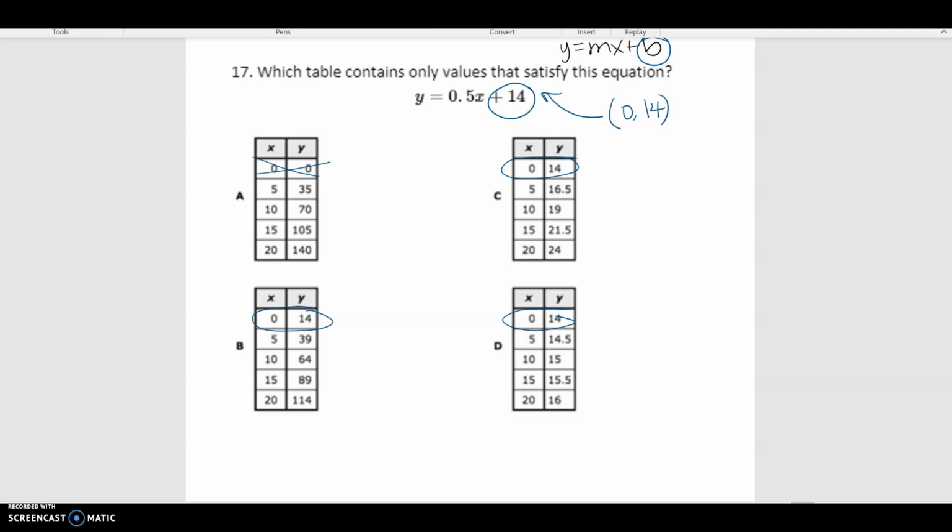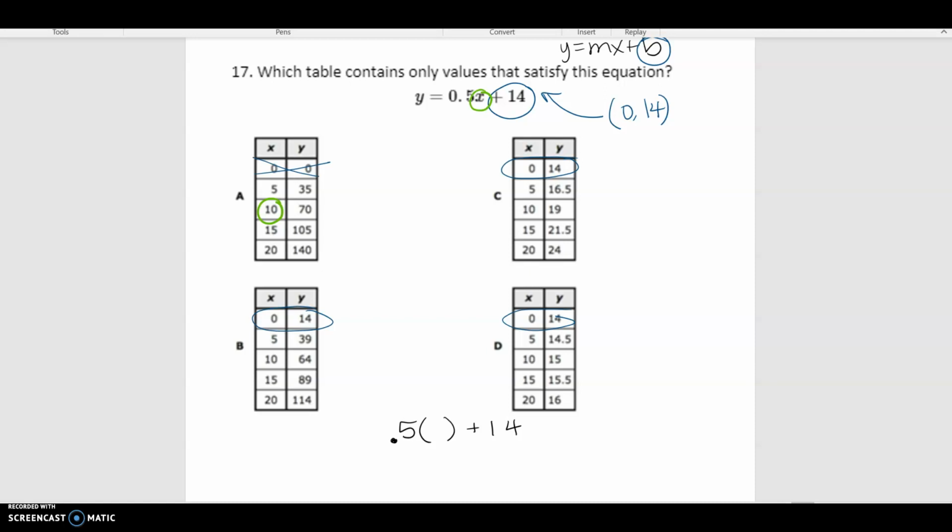Okay, so now what I'm going to do is look at that. They all have such different values. I like the number 10. So I'm going to try to plug in the number 10 in for x, and we're going to see what happens. So my equation is 0.5 times x plus 14, okay?